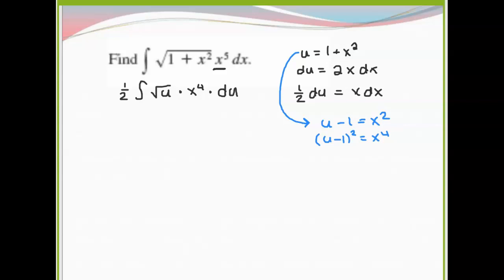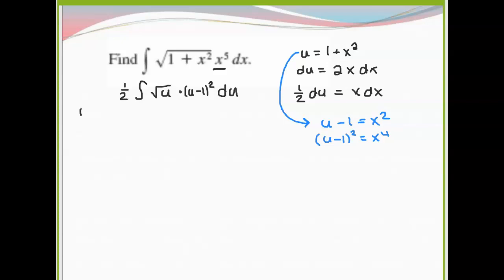So now we can get rid of x to the 4th by replacing it with u minus 1 squared. So now I still have to clean that up to be able to use my reverse power rules the way I know them.